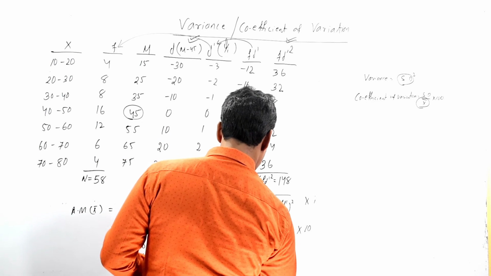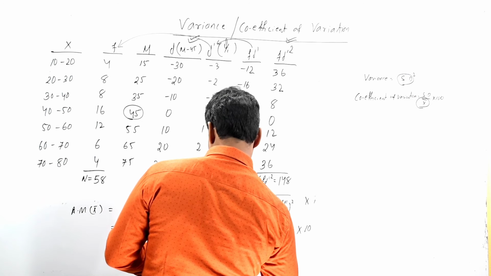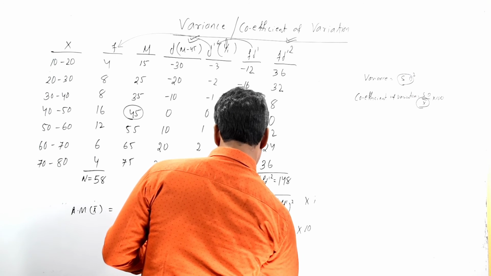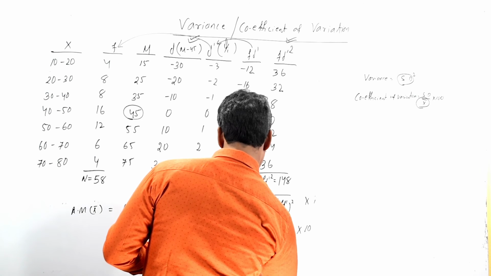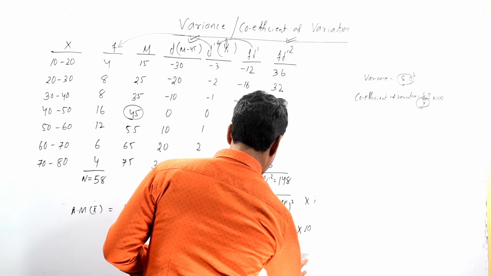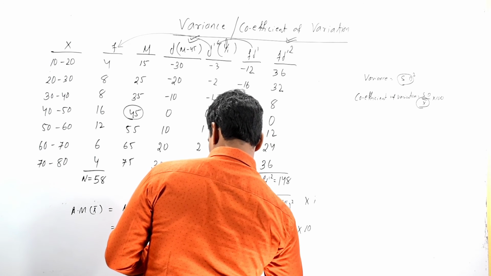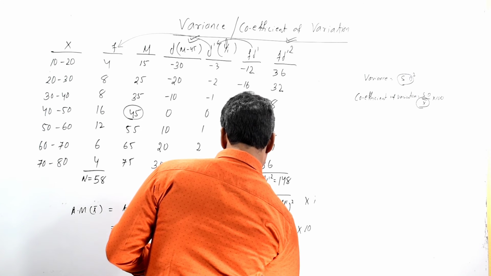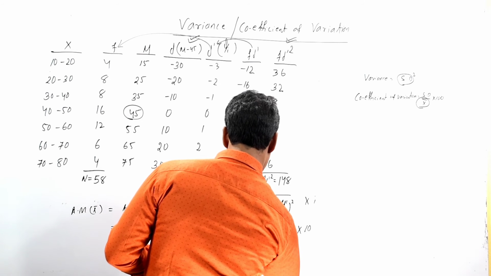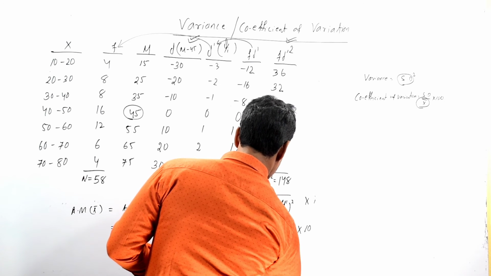So now by simplifying, 148 divided by 58 equals 2.55, minus 0, root over, into 10, that is 1.597 into 10, that is 15.97.